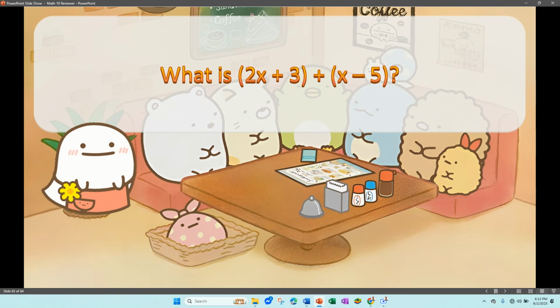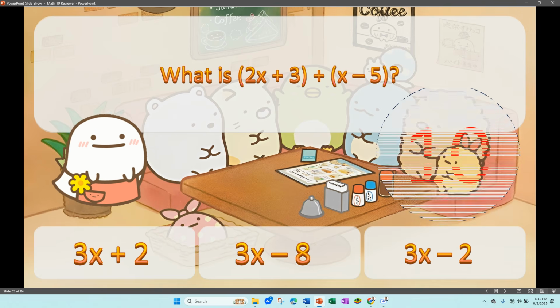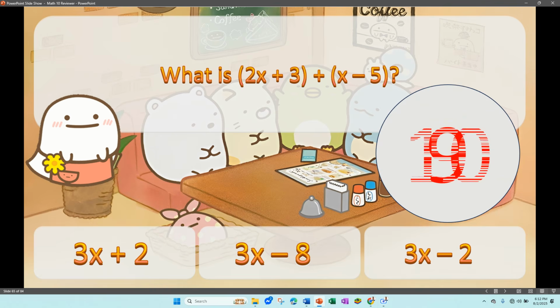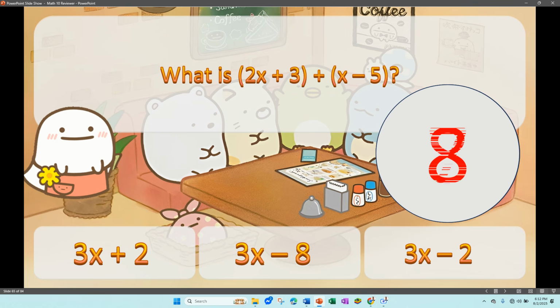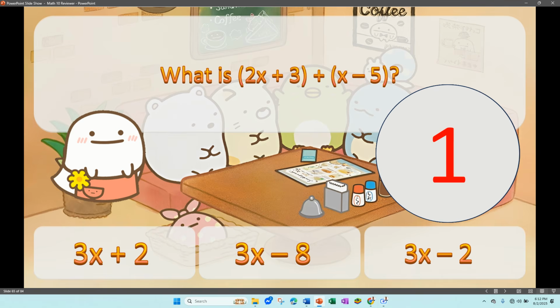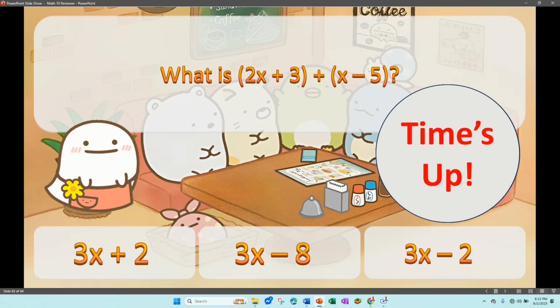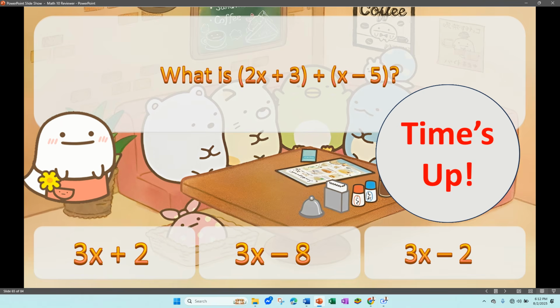What is 2x plus 3 plus x minus 5? 10 seconds, go. So dito po sa ating question, since the operation is addition, wala po tayong gagawin.